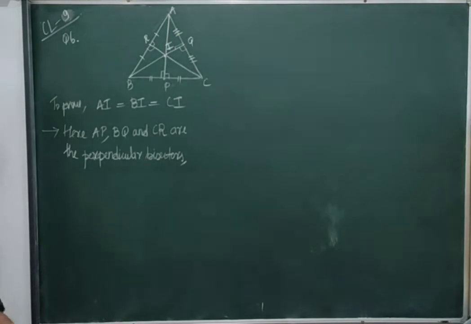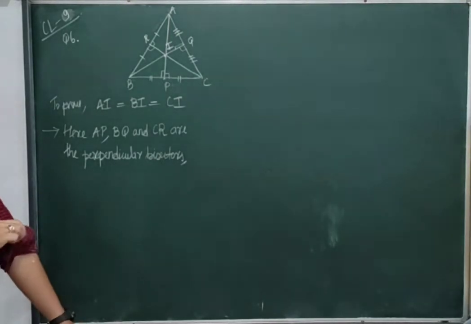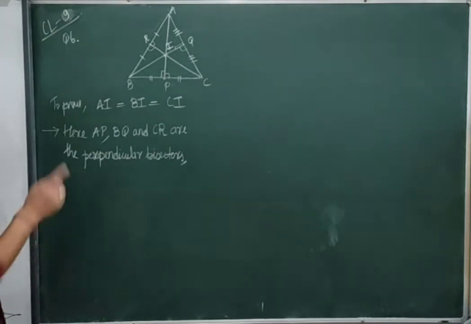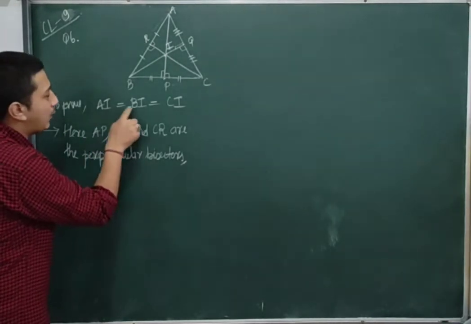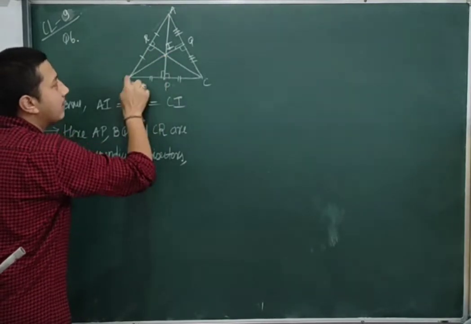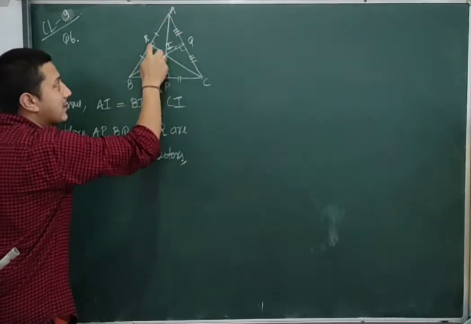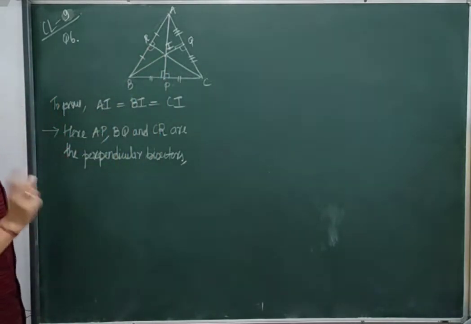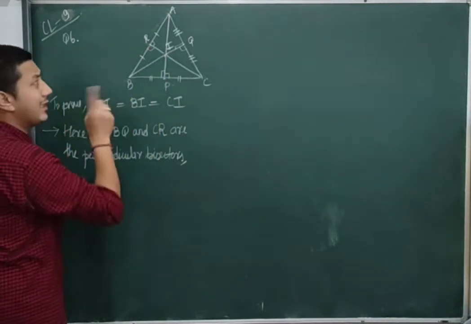Now I have to prove, boys, that AI is equal to BI is equal to CI. So for that, how will I prove? Again by using the conditions for congruency of triangles. First I have to prove AI equals BI. AI means I will take this triangle and this triangle and check whether they are congruent or not.